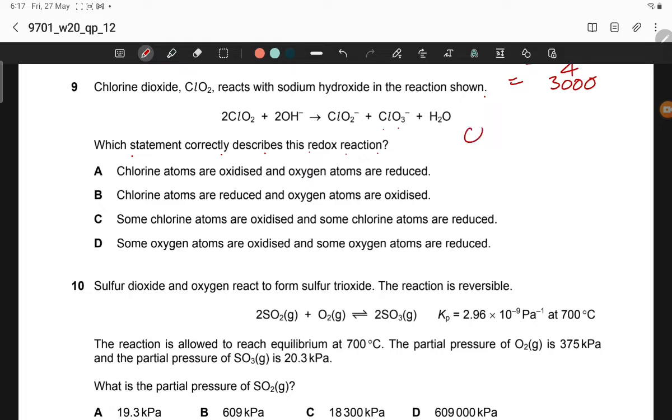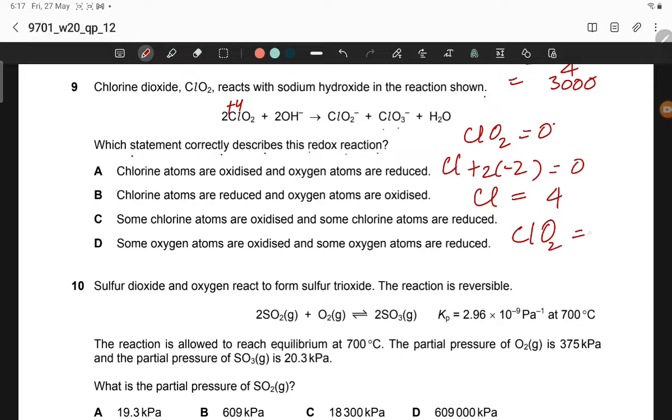Let's calculate. ClO2 is equal to 0. X plus 2 minus 2 is equal to 0, X is equal to plus 4. This is plus 4.